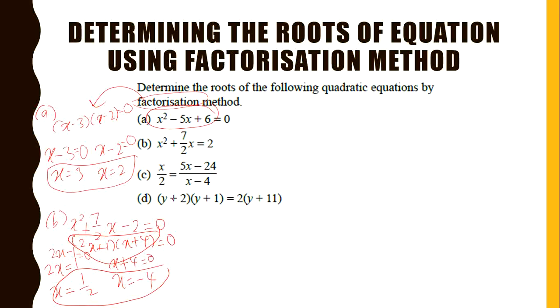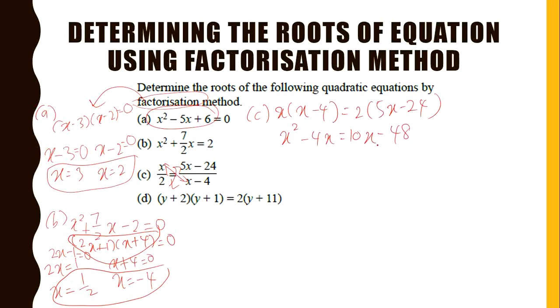So untuk C dengan D pun sama lah. Tapi untuk yang ni, before you factorize, you kena buat dia dalam bentuk quadratic equation elok-elok dulu. Kita darab silang dulu. C will be x minus 4 equals to 2, 5x minus 24. Lepas tu kembanglah. X square minus 4x equals to 10x minus 48.